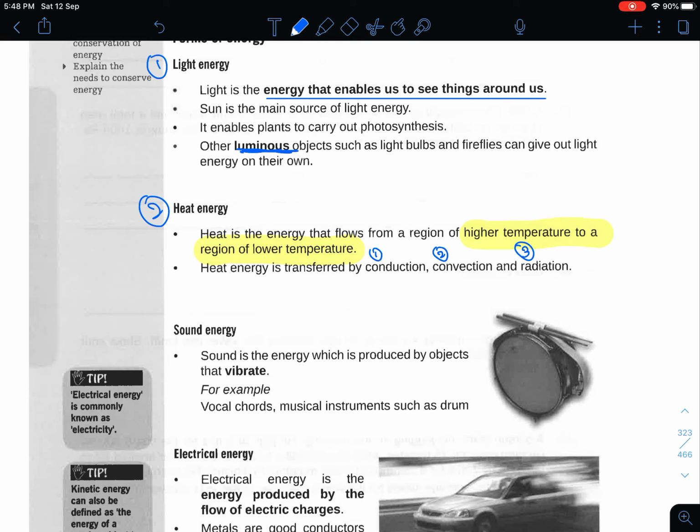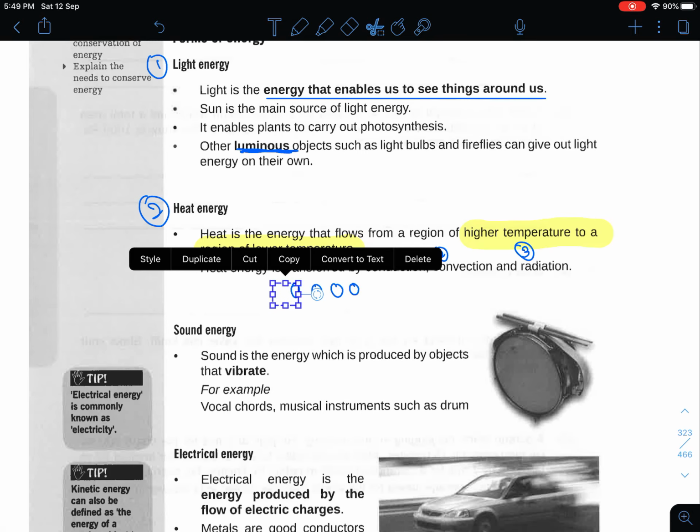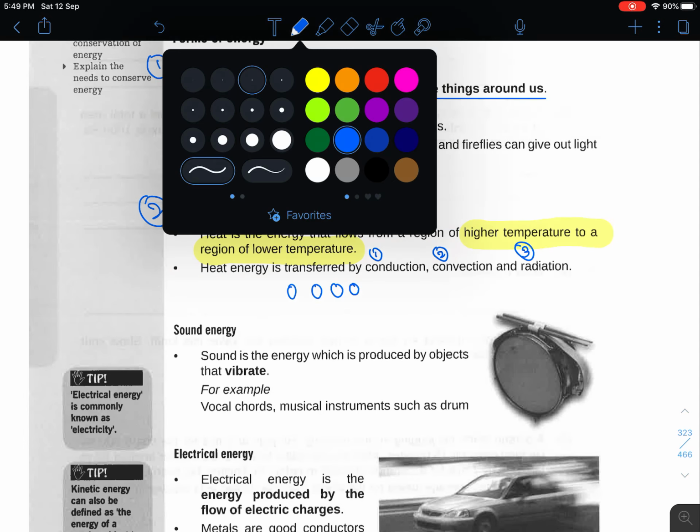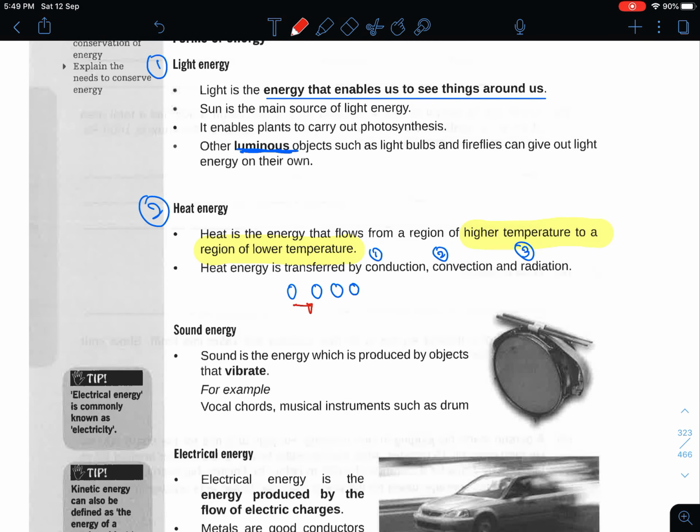That means one particle will transfer the heat energy when it collides with the next particle. This collision results in a transfer of energy without the medium actually moving. It is still only vibrating about its fixed position. So this is conduction.